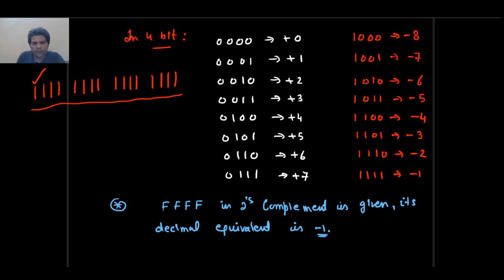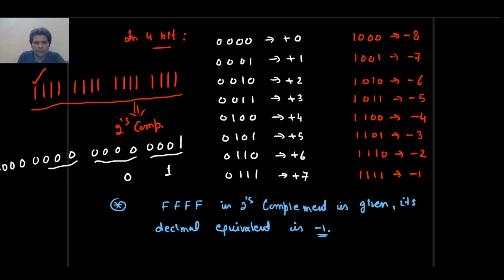So how do we find the decimal equivalent of this number? By simply taking the 2's complement of this number, which is 1 followed by all 0s.